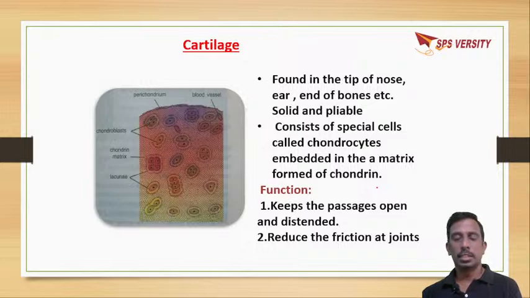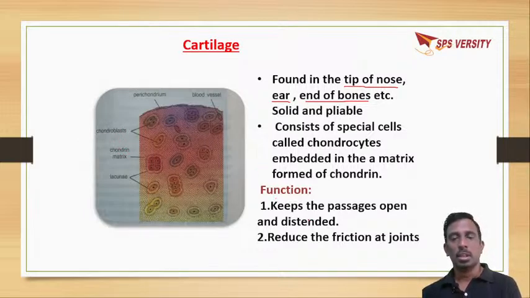Cartilage is a loose connective tissue found in the tip of the nose, at the external ear, and at the ends of bones. If you look at the structure of cartilage, it has special cells called chondrocytes, which are present in the matrix.